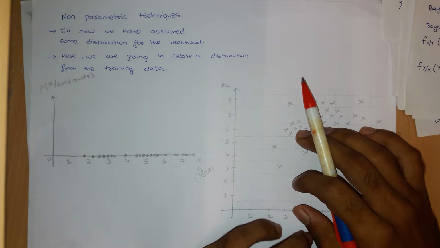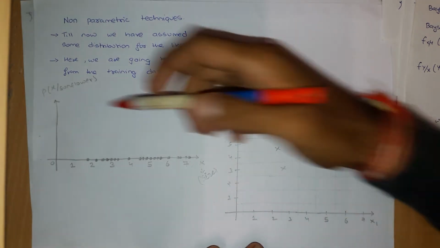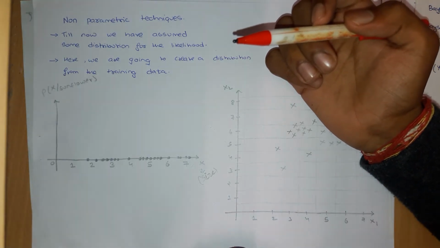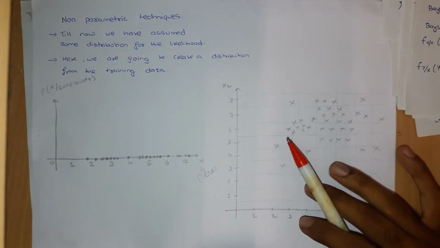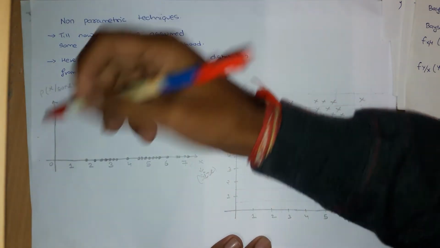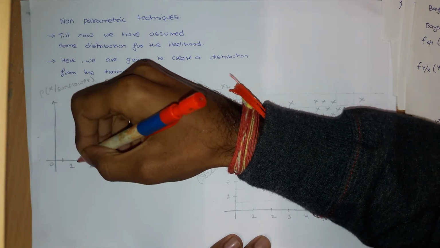So now let us see what we can do with this particular thing. I'm not going to assume any standard distribution over here. Say I divide this axis into some bins.